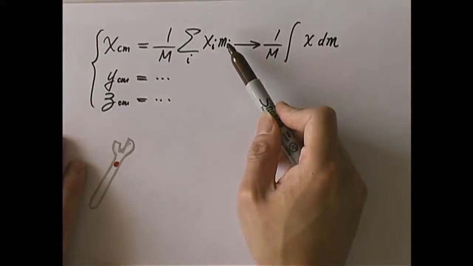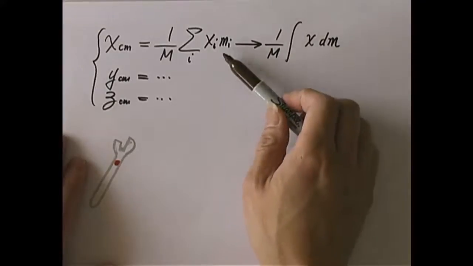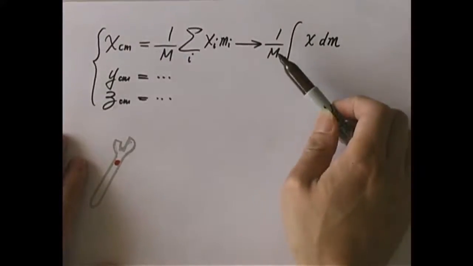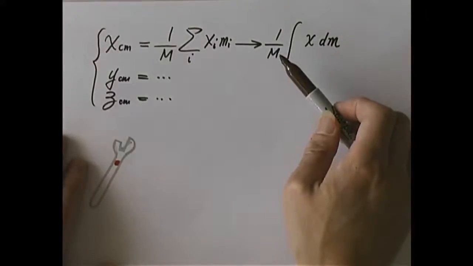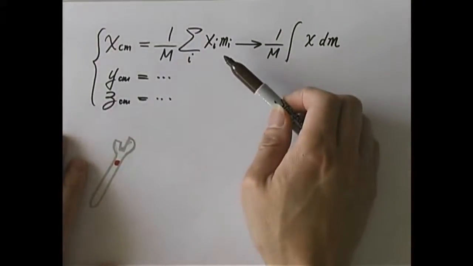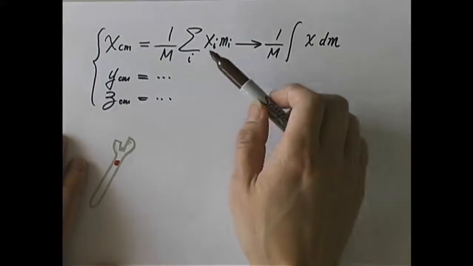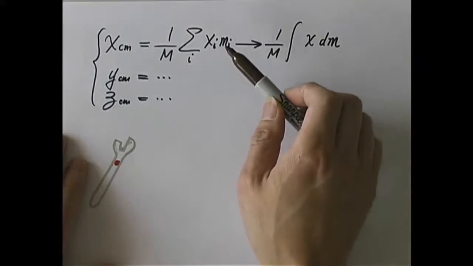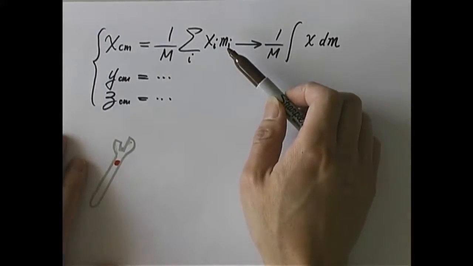But the average is not totally a straight average. It is not equal to x1 plus x2 plus x3, and so on, divided by the total number of particles. No, that would be a straight average without any weight. This is what's called a weighted average. Not every particle in a system is created equal. Some particles are more important than others.